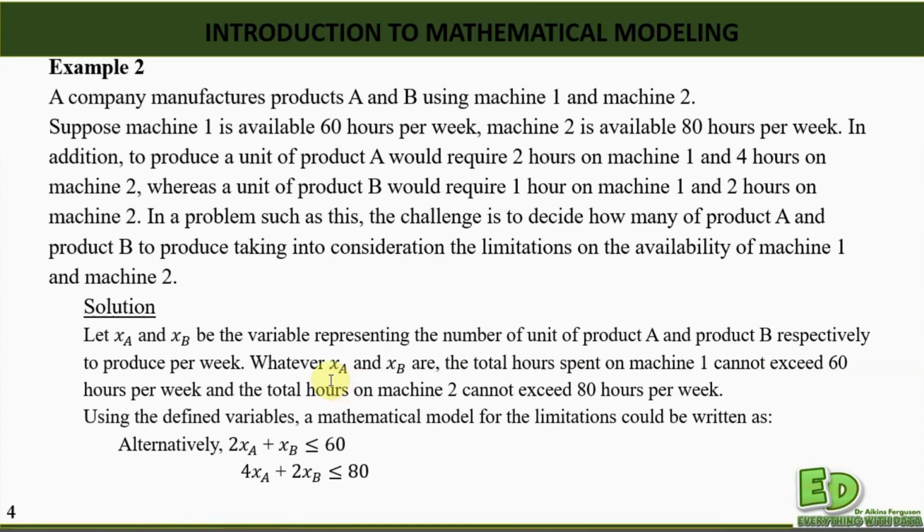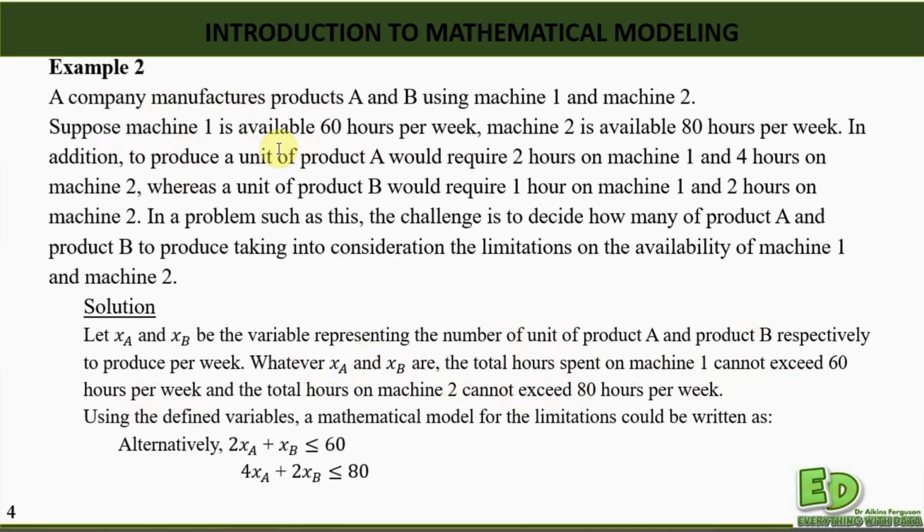So whatever the units of product A and product B are, the total number of hours spent on machine 1 right here in the question cannot exceed 60 hours per week, because the question says suppose machine 1 is available. You can't go beyond what you have, right?